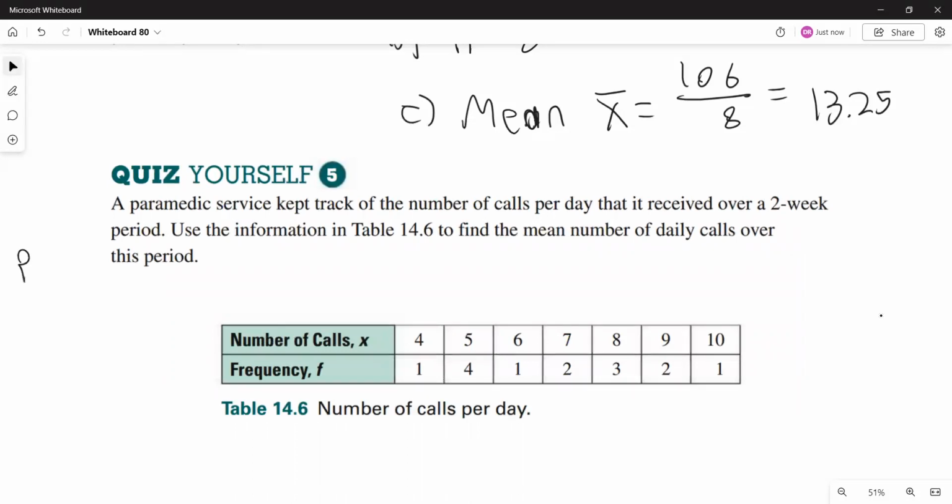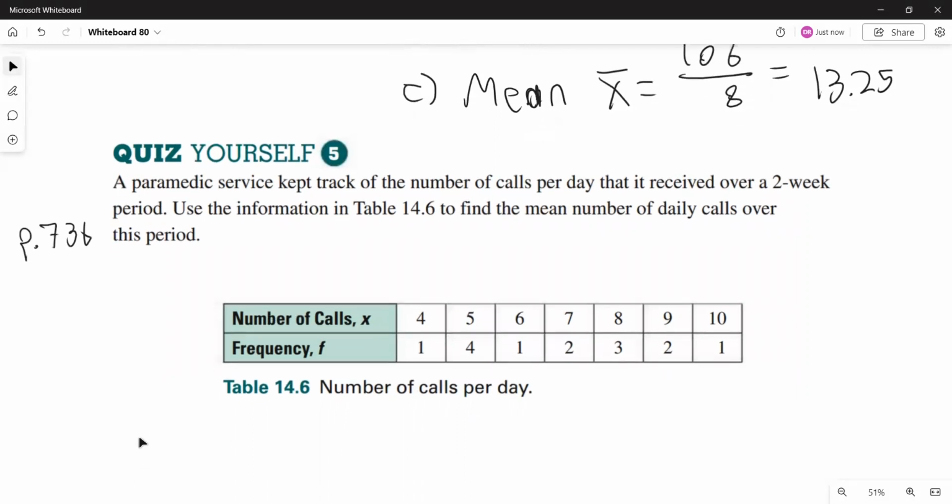The mean of a frequency distribution. A paramedic service kept track of the number of calls per day that it received over a 2-week period. Use the information in the table below to find the mean number of daily calls over this period.